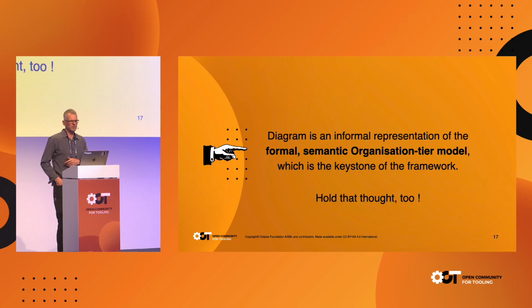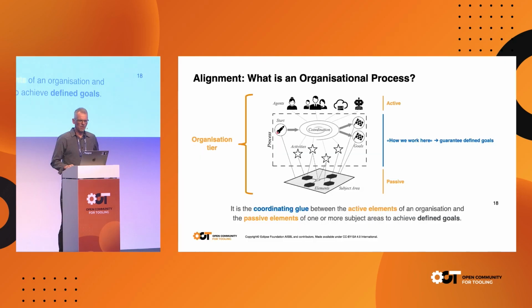This diagram is important, so keep it in mind. All of what you see here is part of the organization tier. So there's no technology here yet. Organizations can do that by themselves. And I did not mention it earlier, but every organization, every company, every administration, everyone has organizational processes. That's why they matter.